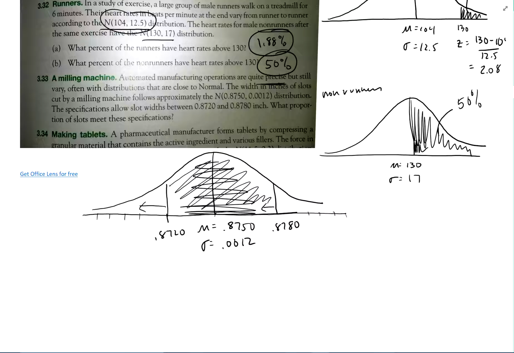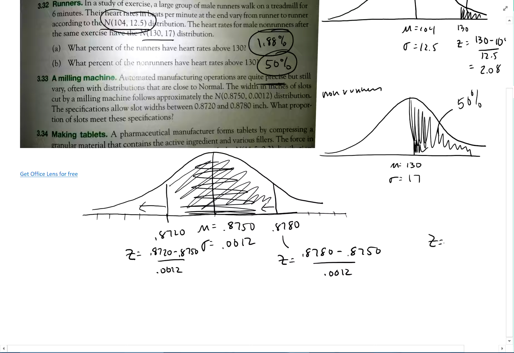Okay, so let's find the z-score for each. So this is going to be 0.8720 minus 0.8750 divided by 0.0012. And this z-score, 0.8780 minus 0.8750 divided by 0.0012, right?